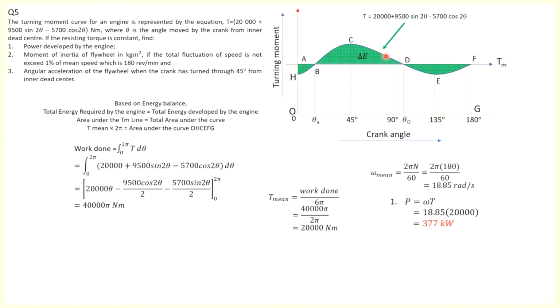Before we can find this area by integration, we need to know these two limits here. That means starting from here, you add up every elementary strip until this point D. Therefore, we need to know theta A and theta D, or you can name them theta 1 and theta 2.